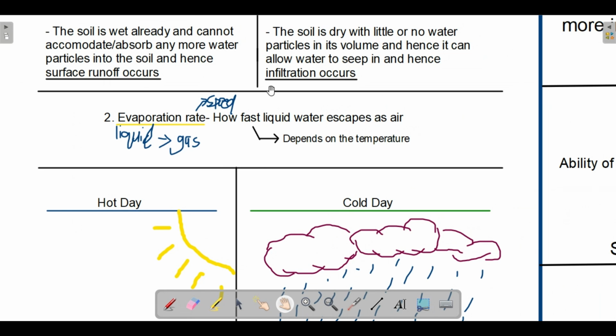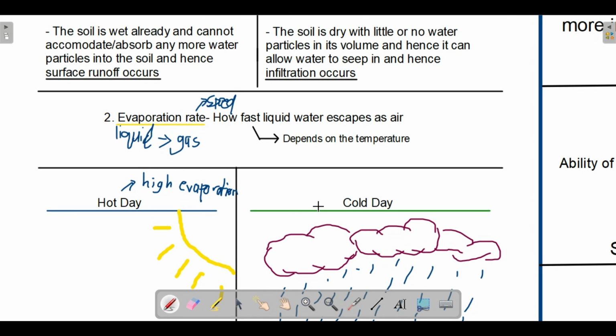That's why we're saying that evaporation rate is how fast liquid escapes as air. Okay, and how fast really depends on the temperature. Whether it's hot. If it's hot, then that means that there's a high evaporation rate. So many water particles will be turned into air or gas.